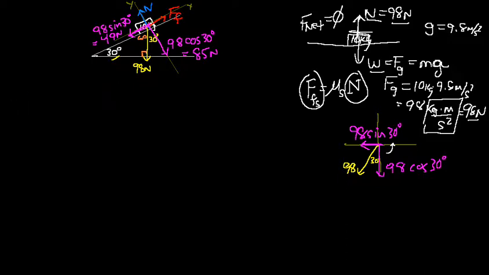So let's look at the y axis here on green. In that case, we're going to see that the blue normal force has to be equal to the downward pink force, which I'll show here, of 85 newtons.